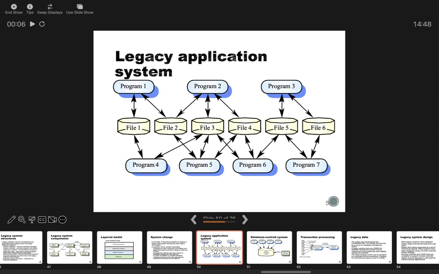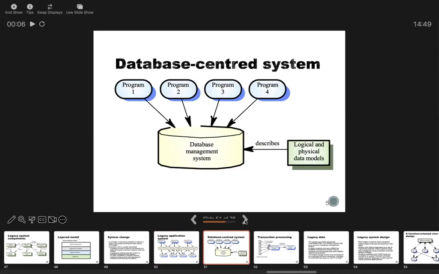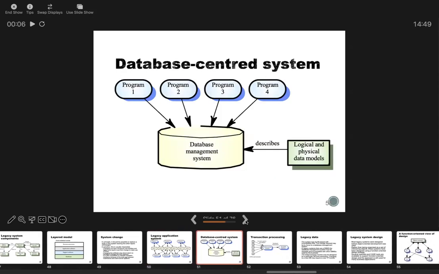So it has maybe high coupling, tight coupling. It even has a complex data sharing structure. So it's very hard to understand and to maintain because it has a flat file system or might be some other database system.